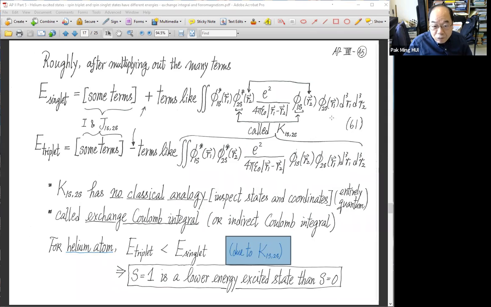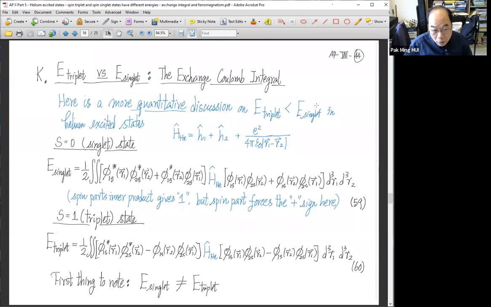Here, I have not made everything exact. I'm saying there will be more terms like this, because you can start from, where's my pointer? Here, you pick up the Coulomb and go with the first term.